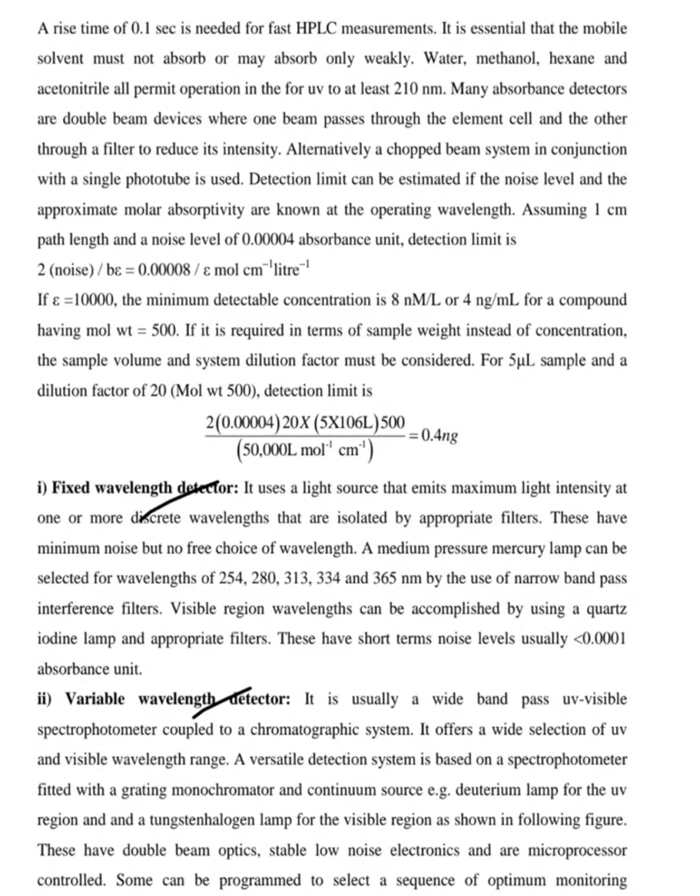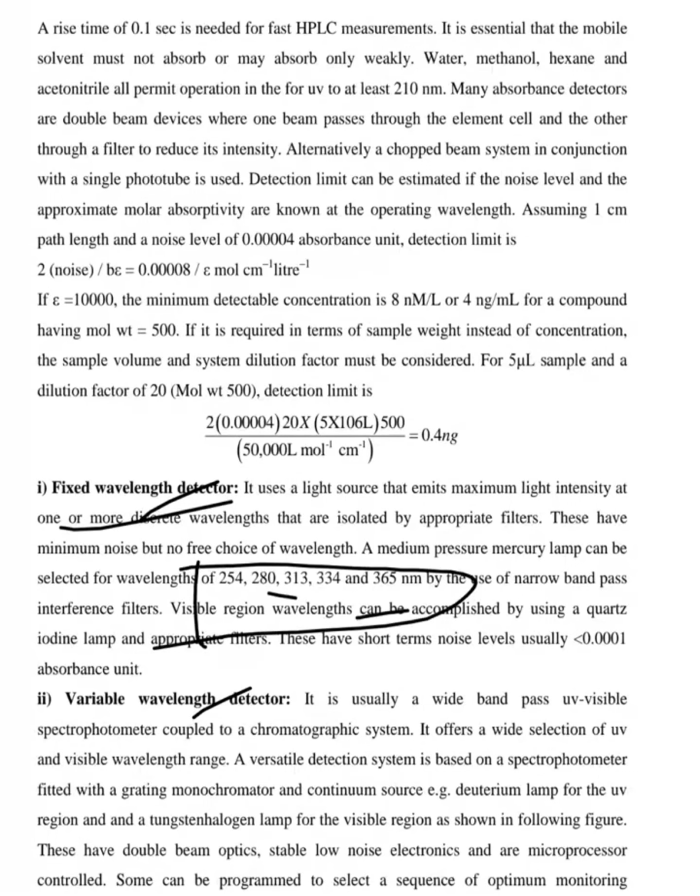The fixed wavelength detector uses a light source that emits maximum light intensity at one or more discrete wavelengths. The wavelengths of 250, 280, 313, 334, and 360 nanometers use narrow band pass interference filters. In this range, fixed wavelength detectors are used.